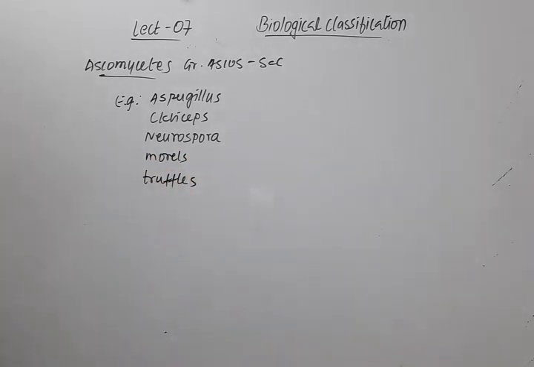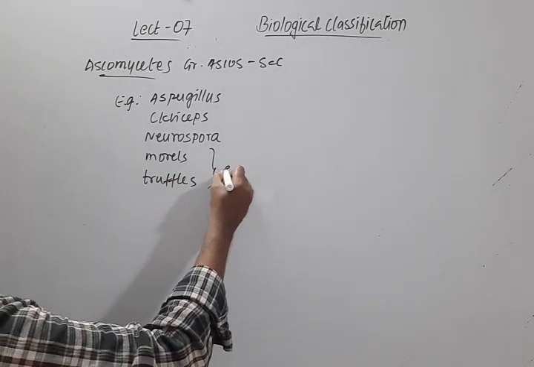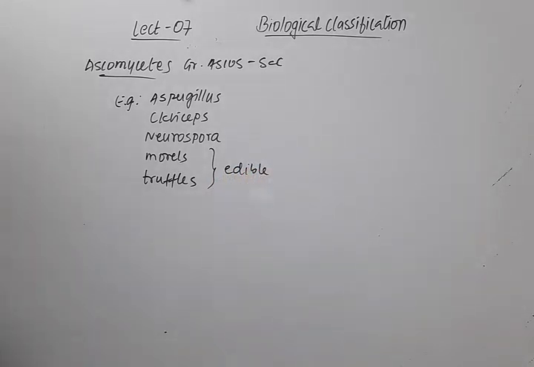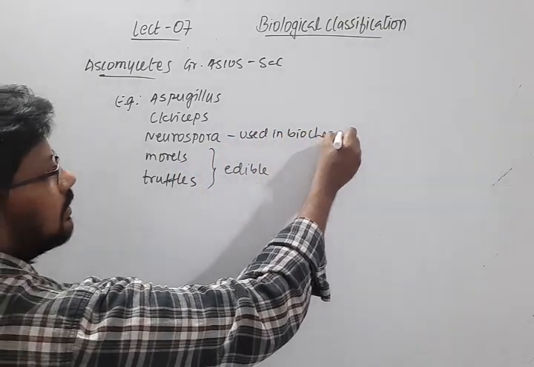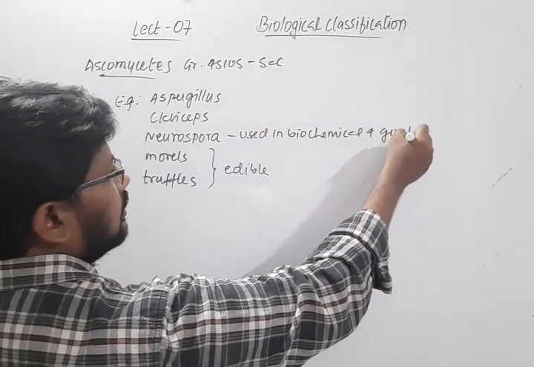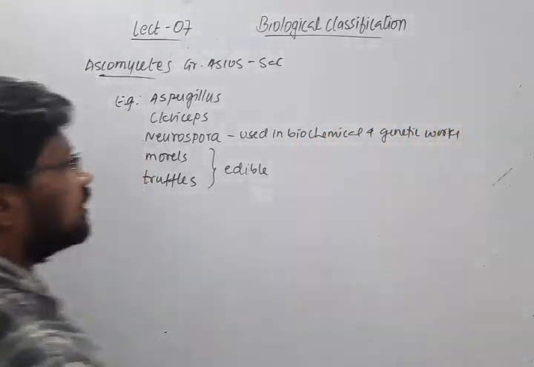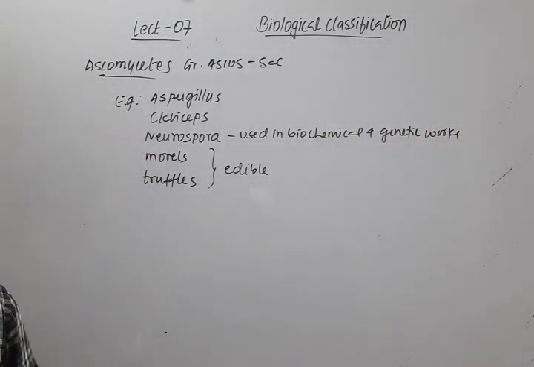Morels and truffles are edible and considered delicacies. Neurospora is extensively used in biochemical and genetic works. So that's all about the group Ascomycetes.